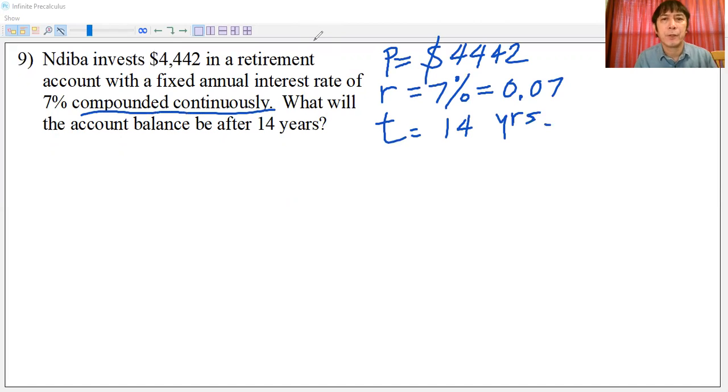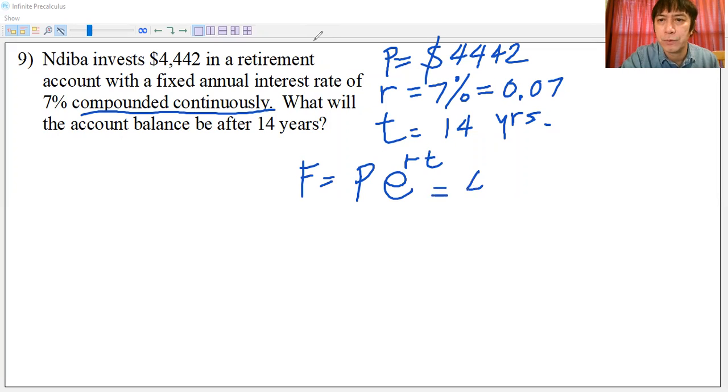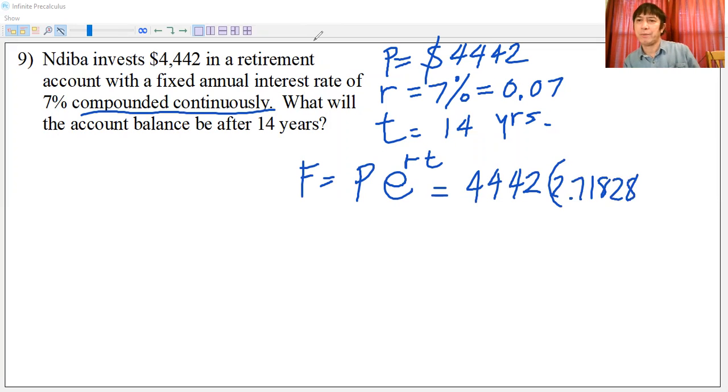So this is compounding continuously. Our formula is F is equal to P times E raised to the product of R and T. At this point, we already know how to use that. This is 4442 times 2.718281828 raised to the product of 0.07 and 14.